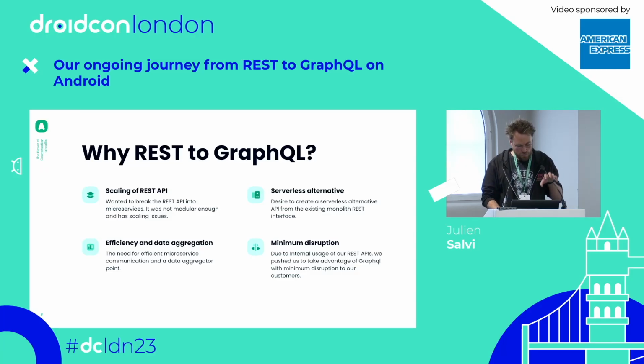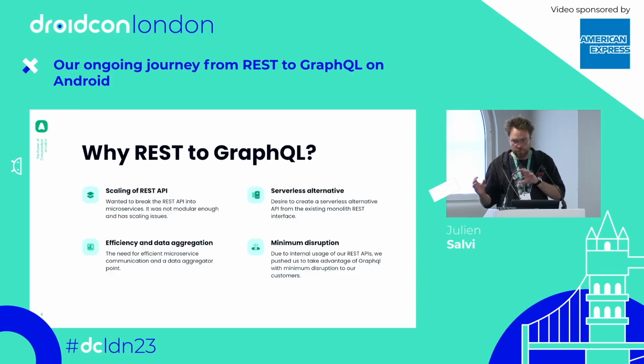And we also wanted efficiency and data aggregation, and that's what GraphQL does perfectly. The need for efficient microservice communication and a data aggregator point, single endpoint, and very good typing.